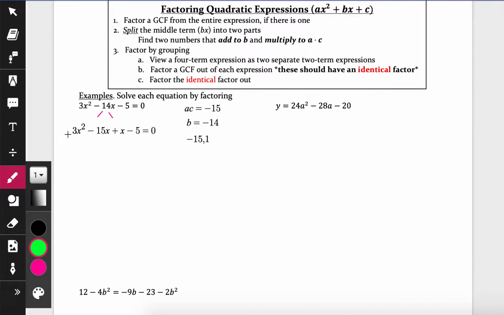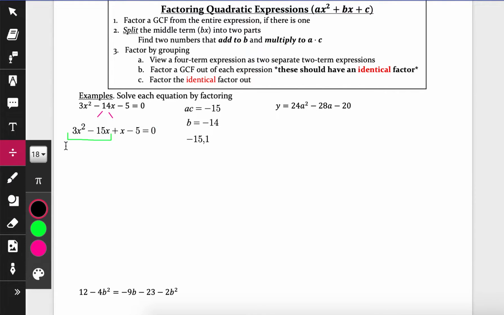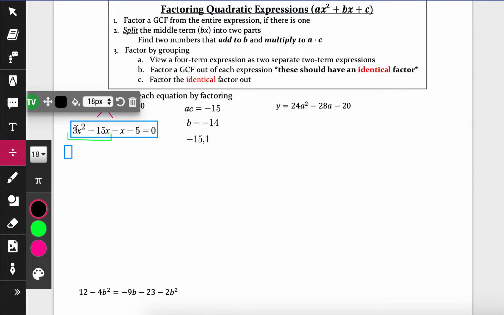So I'm going to focus on the first two terms right here. Out of these, I see that I can factor out a 3 and an x, so I'm going to factor out 3x. They have that much in common. Dividing this by 3x leaves us with x left over. Dividing this by 3x leaves us with negative 5 left over.